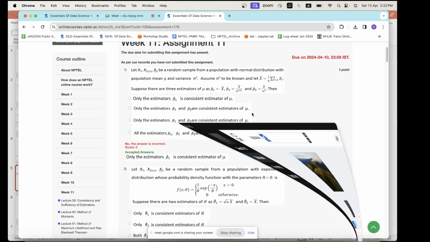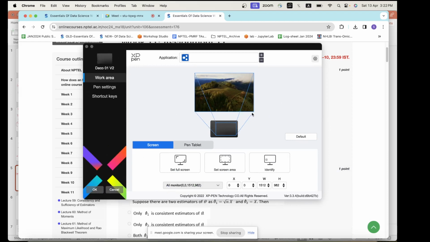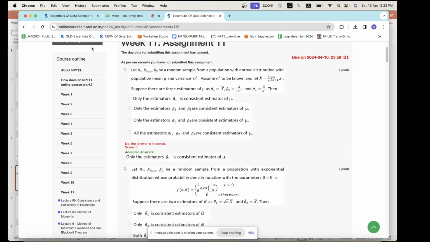But as per the other TA's lecture, all the three estimators are consistent. I have taken the other TA's lecture also. Both the TAs taught us that all the three estimators are consistent. I understand, but then this doesn't go in probability to 0.